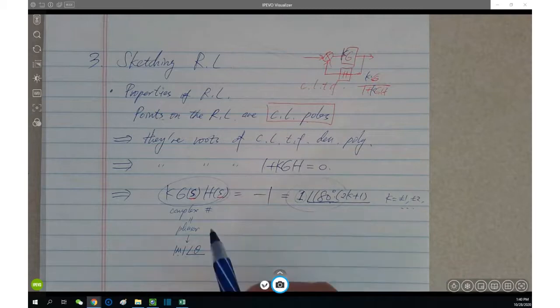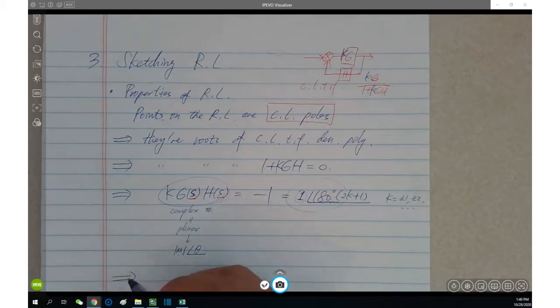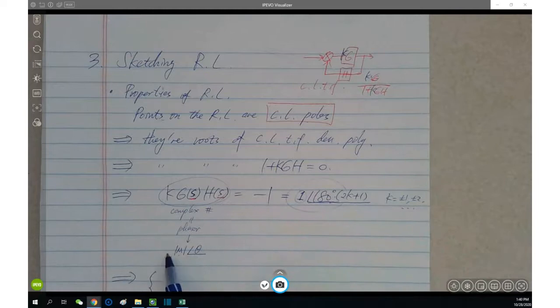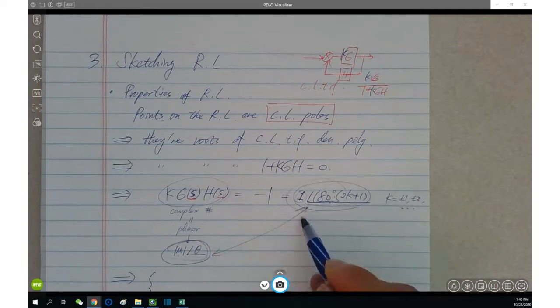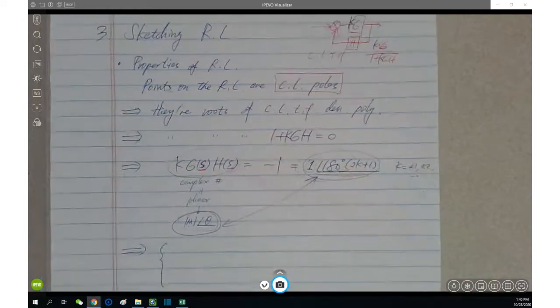So if this is clear, then what we have is actually two things. This phasor equals this phasor. Now, once again, this phasor equals this phasor. And what's the conclusion? Two things, right?